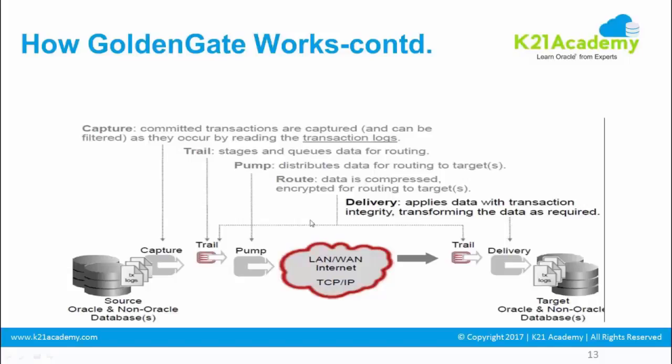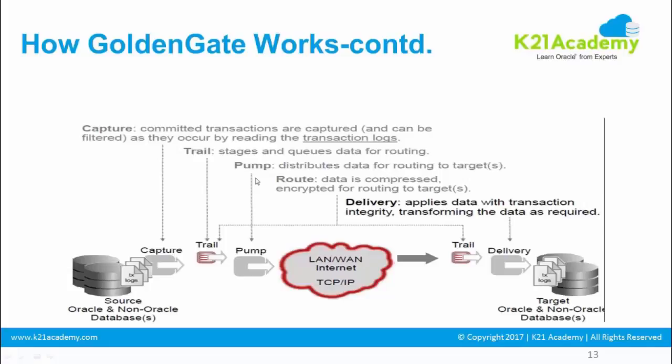Now you need to remember here, the pump process does not send the trail file over the network. It is sending the data over the TCP/IP network. Data which gets written to the local trail, it sends that data over the TCP/IP network and writes it to the remote trail on the target. As soon as data becomes available in the remote trail, the delivery process will read the data out of your remote trail and apply it to the target database.